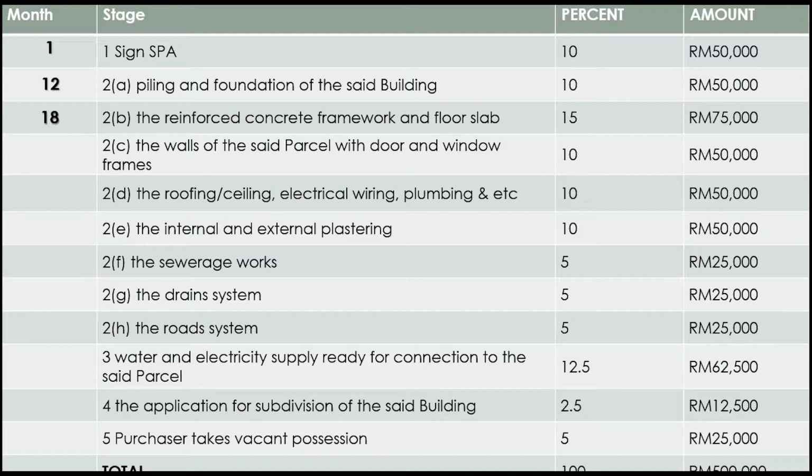Now comes to the second part, which is 2C. You will have to pay it 6 months later. And 2D, you will see that in less than 1 year, which is around 9 months, you will have to pay it. So then very quickly, every 3 months, 2 months, you have to pay for your next remainder project's payment.